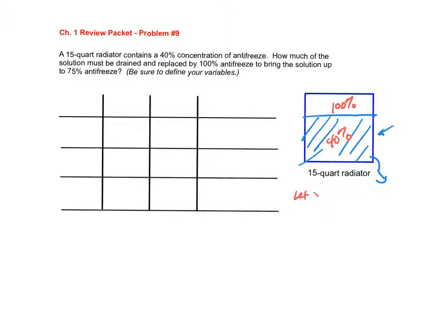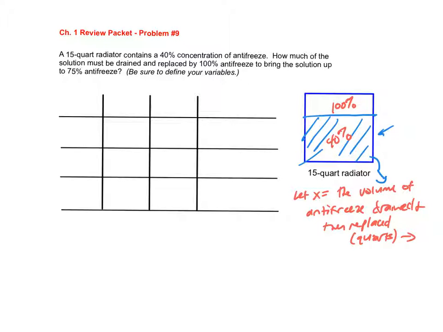I'm going to let x equal the volume of antifreeze, which is drained and then replaced, and that's going to be in quarts. So when it's replaced, this is actually going to be the volume of the 100% antifreeze.